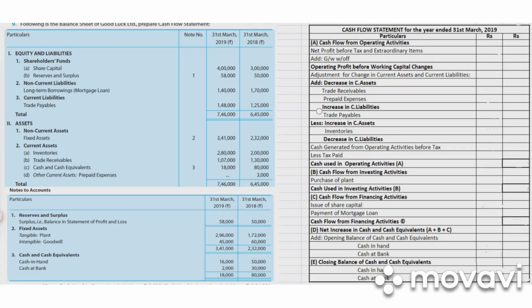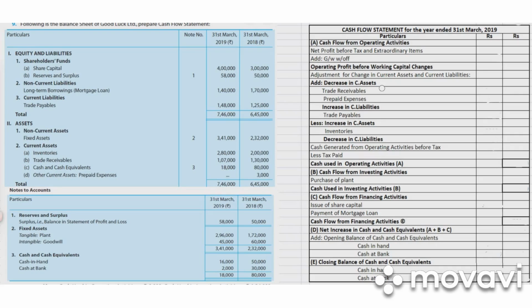Now, as I already told you, this cash flow statement is divided into mainly three headings, three steps. The first one you can see here, number A, I have given cash flow from operating activity.